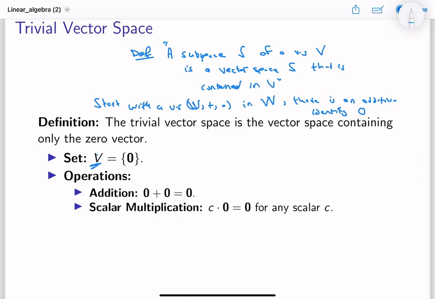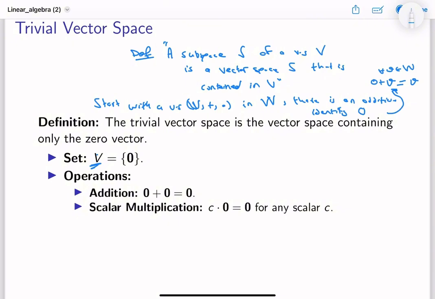This vector, which we call 0, has the property that if you add 0 to any other vector V, you get V back. This is for every V in omega. This is the definition of the 0 vector.